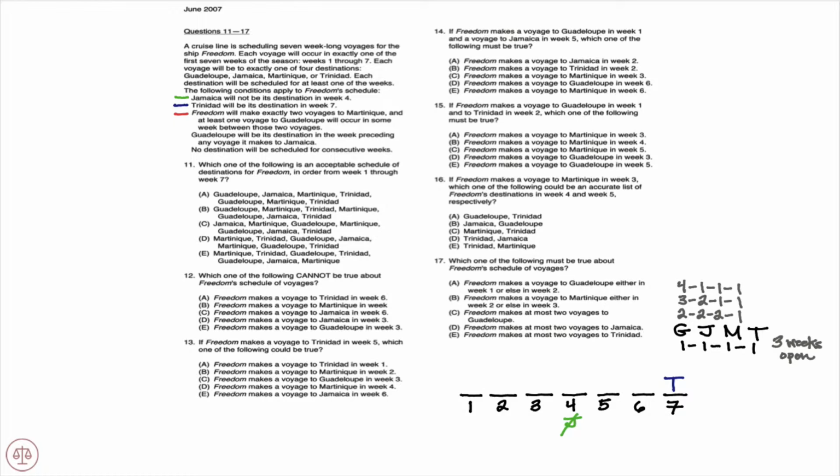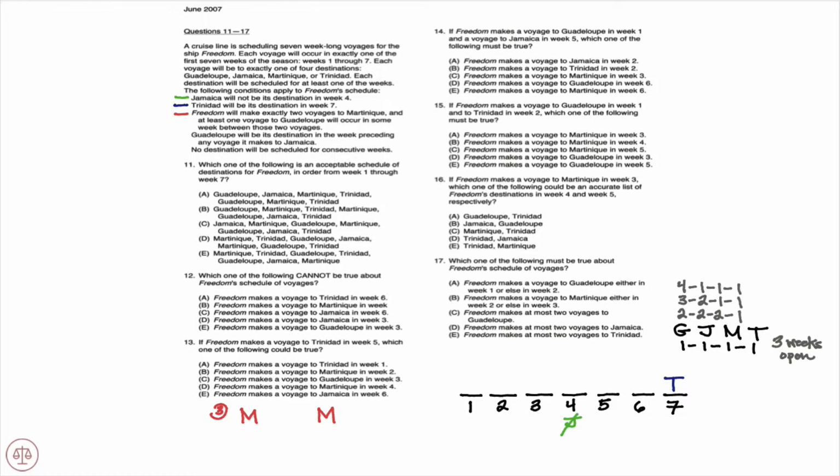Okay, turning our attention to the third condition. Freedom will make exactly 2 voyages to Martinique, and at least 1 voyage to Guadeloupe will occur in some week between those 2 voyages. Alright, so for the third rule here, what we're seeing is 2 voyages, exactly 2 to Martinique.